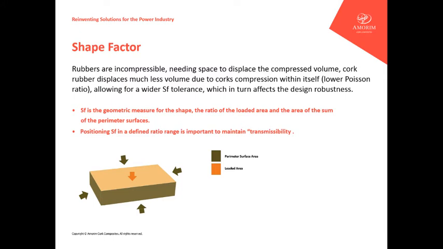Shape factor is a key element to take into account when designing the VC solutions. The very low Poisson coefficients of VC materials, due to the cork structure, allow for a wide shape factor tolerance, resulting in more freedom to design robust and customized solutions.